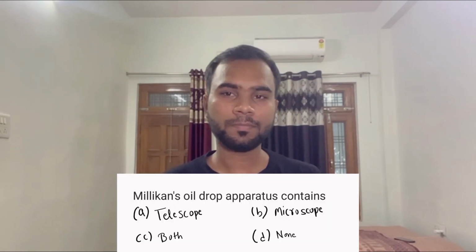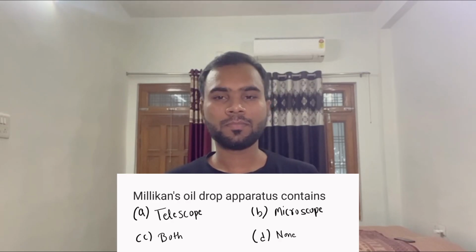If we take an example of a box, okay, answer this question. If we try to answer this question with our common sense, then we will simply eliminate telescope, right? But it's a catch.